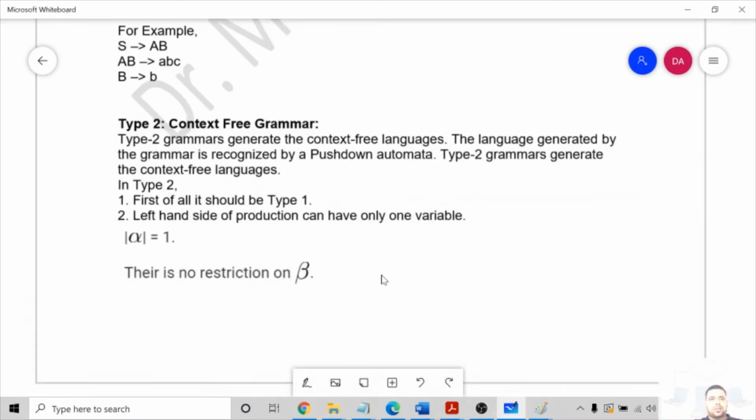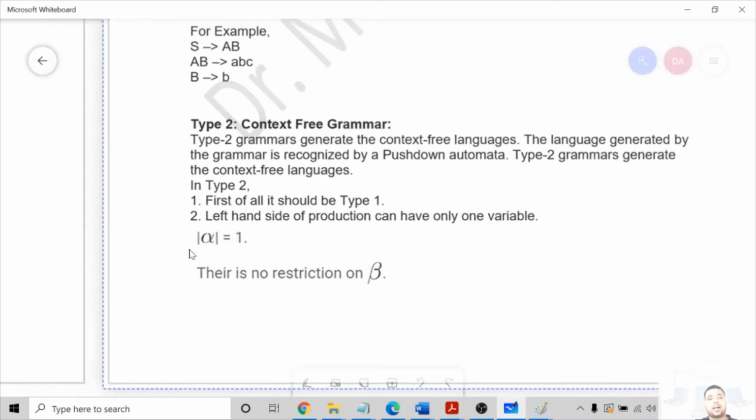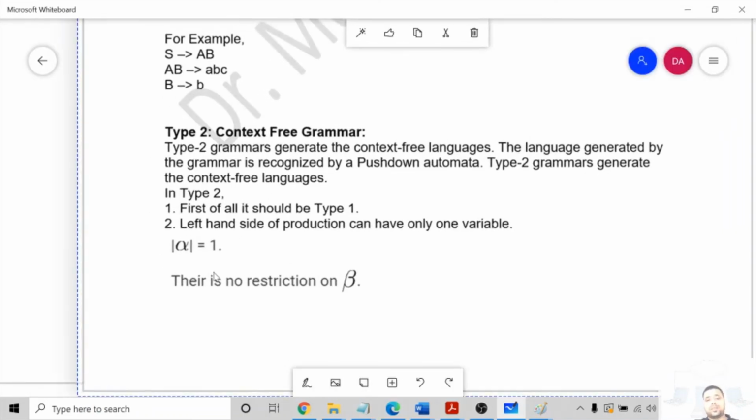The next grammar is type 2 or context free grammar. For this grammar, first of all, it should be in type 1, and the left hand side of a production can have only one variable. This is the restriction for this grammar.